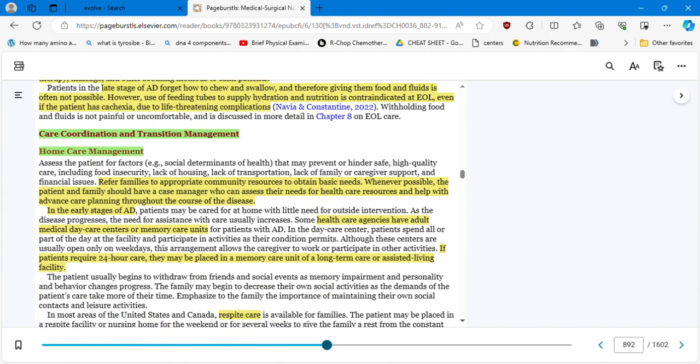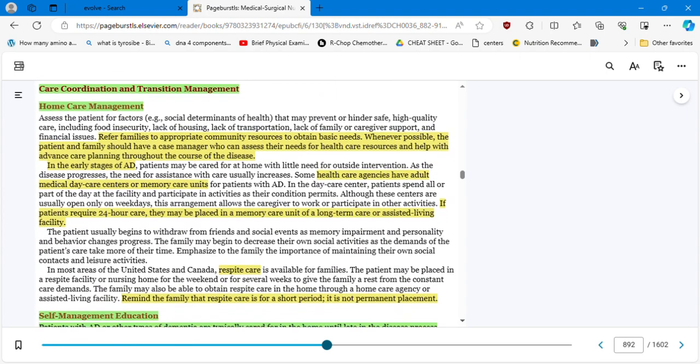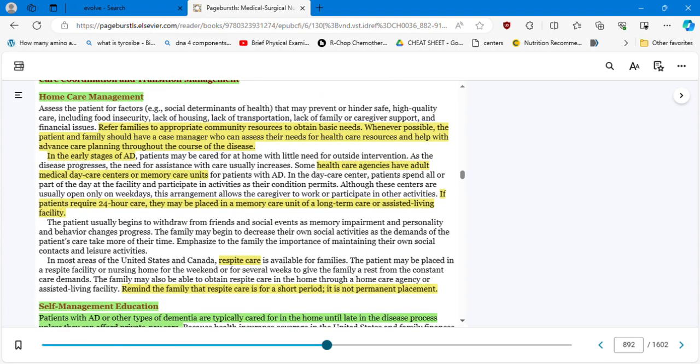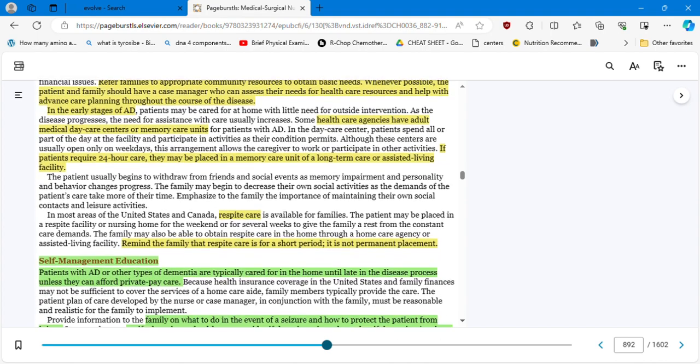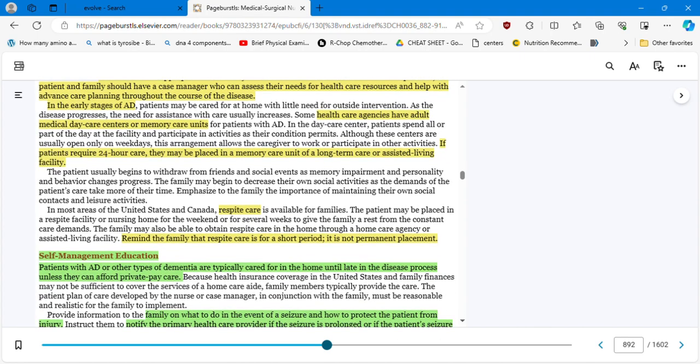Care coordination and transition management, home care management. You have to teach the family members about appropriate community resources to obtain basic needs. Whenever possible, the patient and family should have a case manager who can assess and is going to provide you with all the information for resources. In the early stage of AD, healthcare agencies have adult medical daycare centers or memory care units.